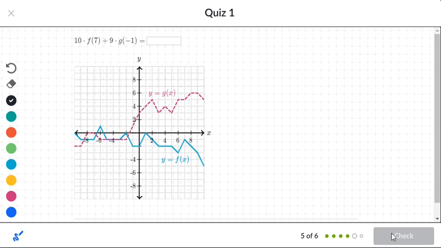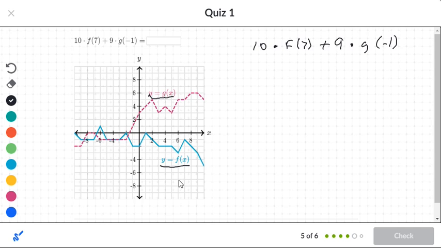Okay, next one. You got 10 times f of 7 plus 9 times g of negative 1. So remember, the red is the g of x, the blue is the f of x.